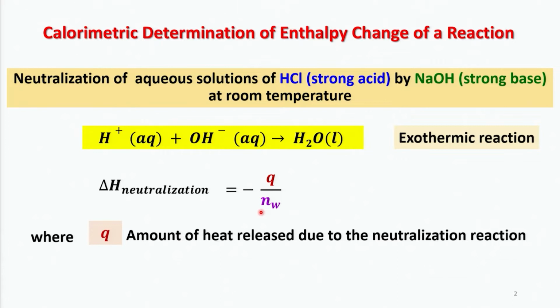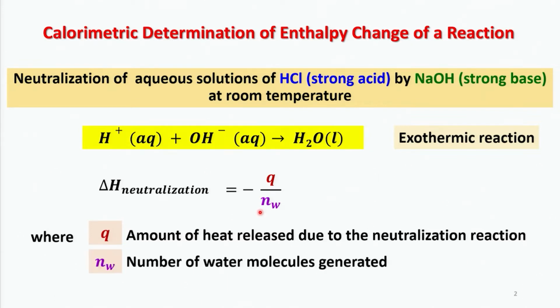So, it is negative Q, which means that the heat is being lost by my system comprised of the mixture of HCl and NaOH solutions. Now, what is N_W? N_W is the number of moles of water generated in my experiment.